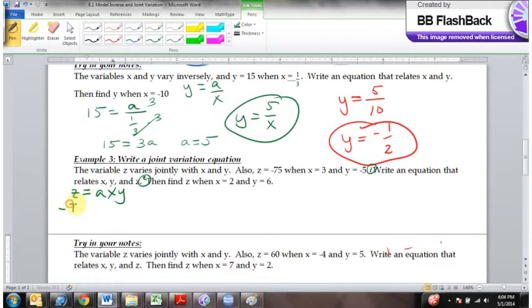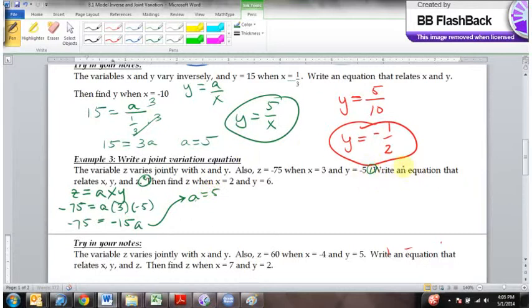So we have negative 75 equals a times 3 times negative 5. So negative 75 equals negative 15a. Divide by negative 15, and we'll get a equals 5.